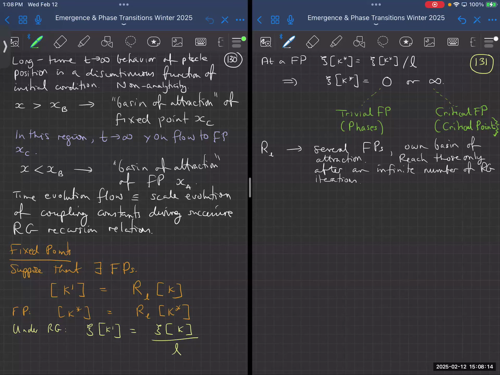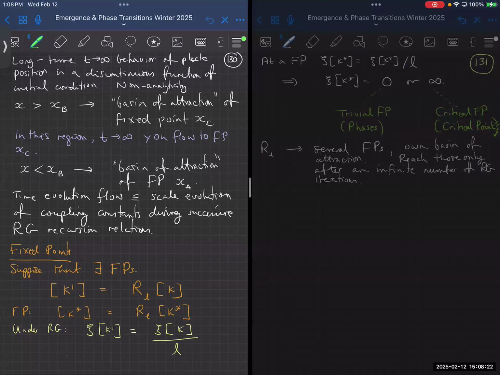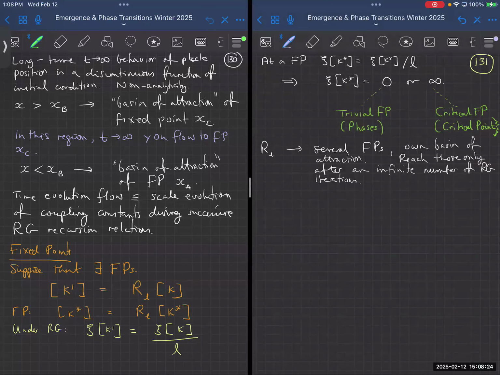Okay, so now we know that there's two types of fixed points. Obviously we're interested in the critical fixed points, so now we're going to look at the properties of critical fixed points.